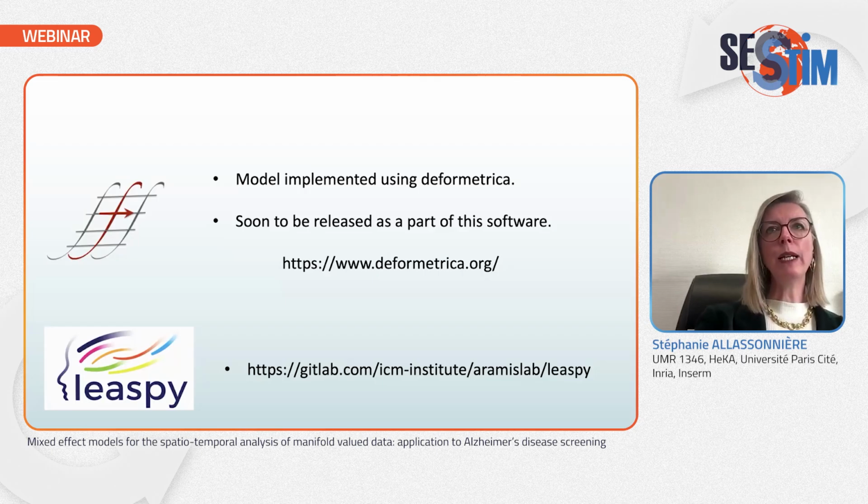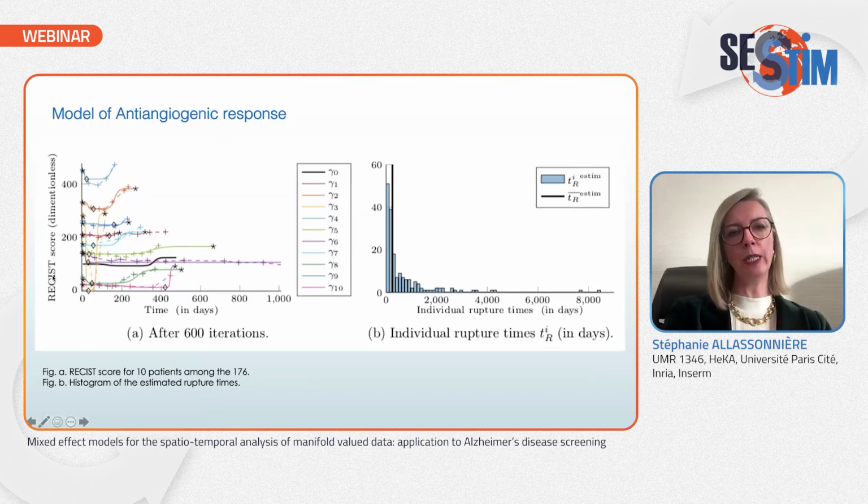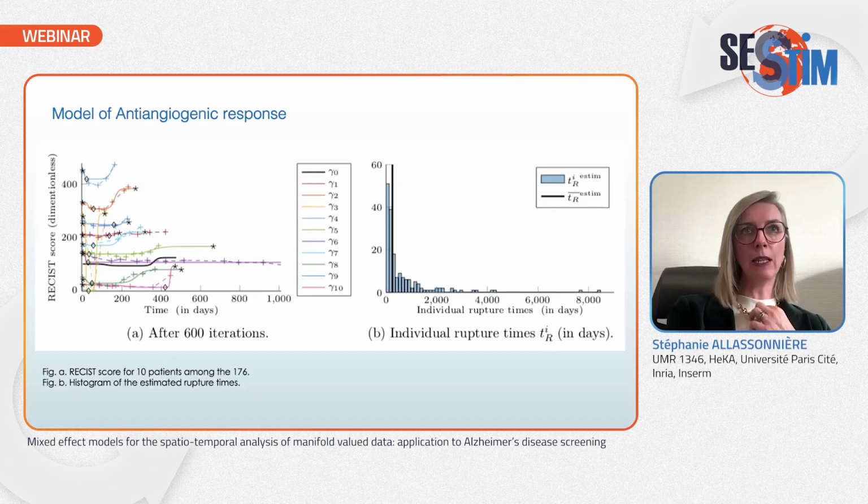Okay, so in practice, what we've been able to do is for the anti-angiogenic response to the treatment, so we had that RECIST score that I showed you earlier, evolution with respect to time. The first time point is the first medicine that is taken by the patients. So we have a reference point. What we do not have is the time of relapse. These are these diamonds that you can see.